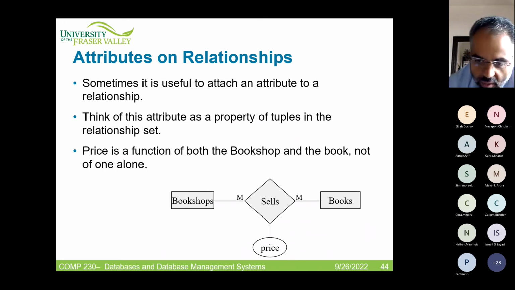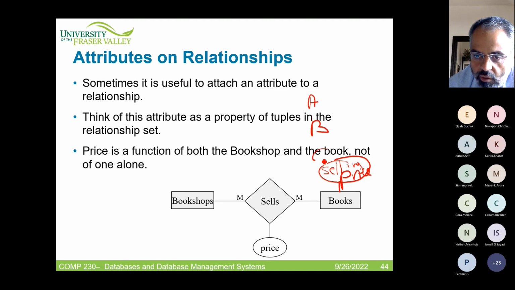Let's discuss me and you. So we will have a book. We have something, we name it selling price. So we have book A as an instance, book B and book C. Suppose A is 10, let's make it 10, B 20, and C 30.